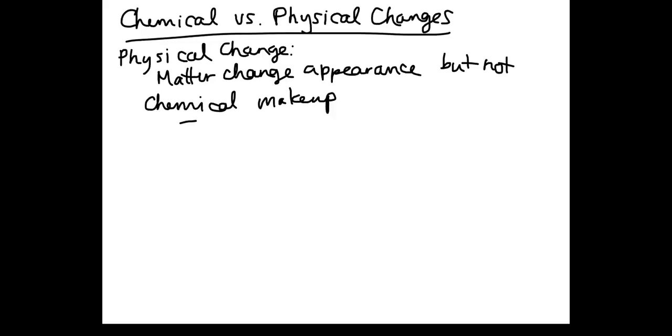So melting, boiling, anything else? Freezing, yes. So there are other kinds of physical changes too that don't have to do with phase changes. That's a physical property, and we'll talk about that. But what's a change that can happen? If you break something, are you changing its chemical makeup?